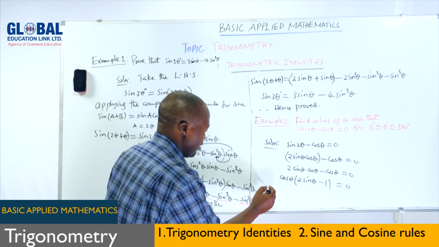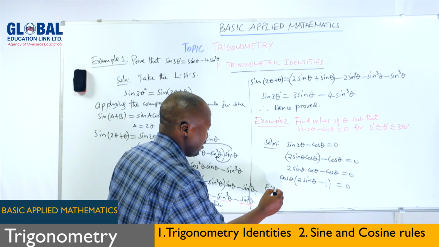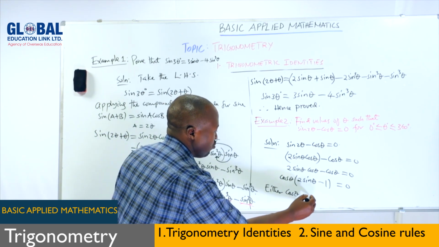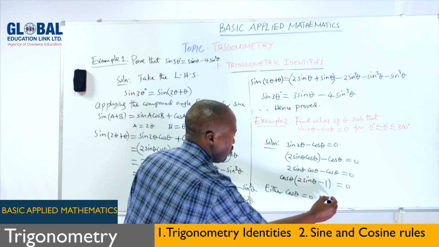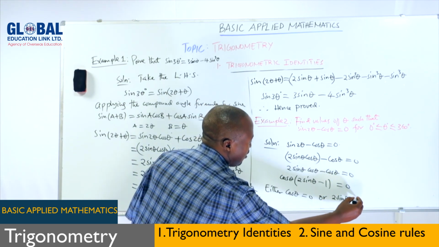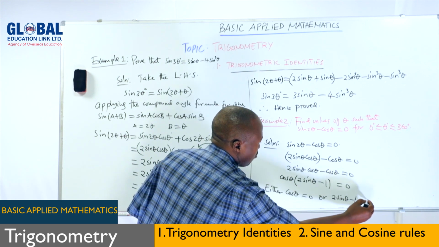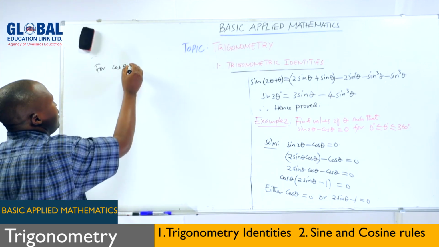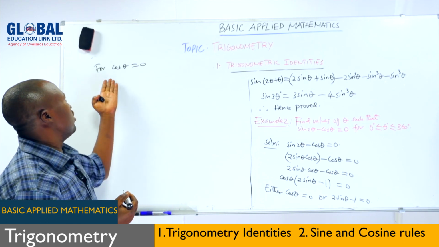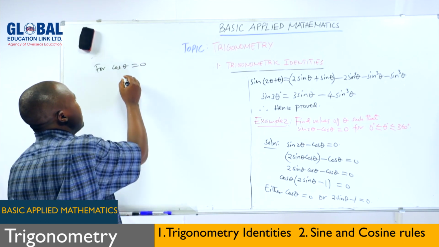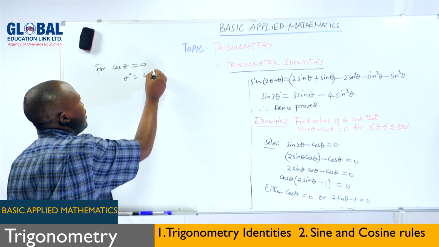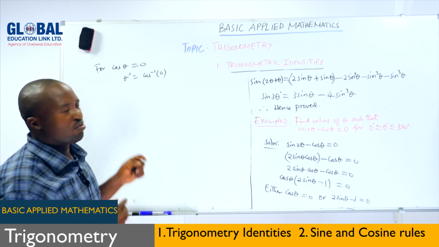Now our solution will be either cos theta is equal to 0 or 2 sine theta minus 1 is equal to 0. Cos theta is equal to 0. It means we can shift cos theta by saying theta is equal to cos inverse of 0.